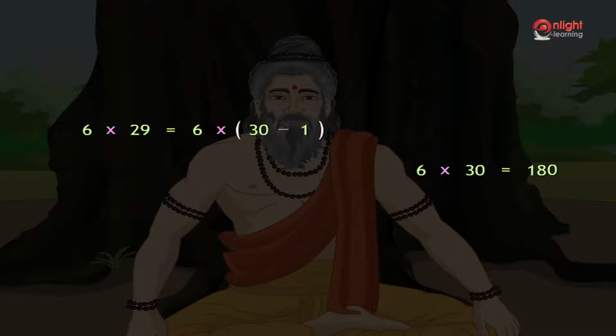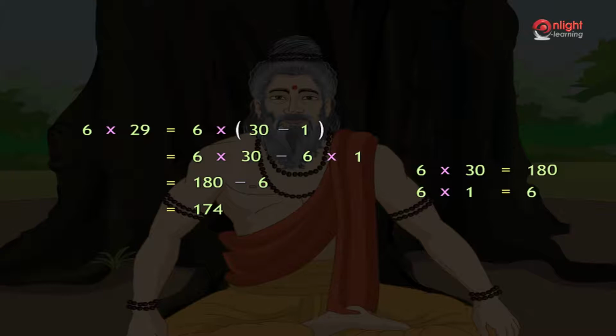Now multiplying 6 into 1, we get 6. Now subtract both the answers. Hence 6 into 29 is equal to 6 into 30 minus 6 into 1, which is equal to 180 minus 6, equal to 174.